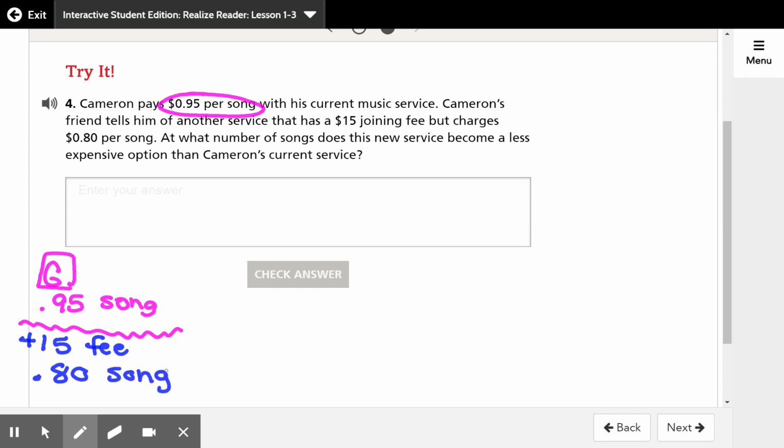And then you want to set them equal to each other because our unknown is X. So this is songs to break even.